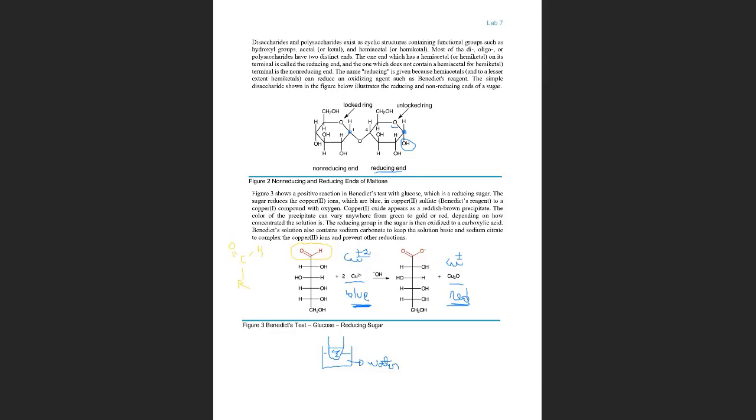So we have an aldehyde. And what happens here? What group is that? This is a carboxylic acid. The carbon has the double bond, but instead of a hydrogen, it has another oxygen.